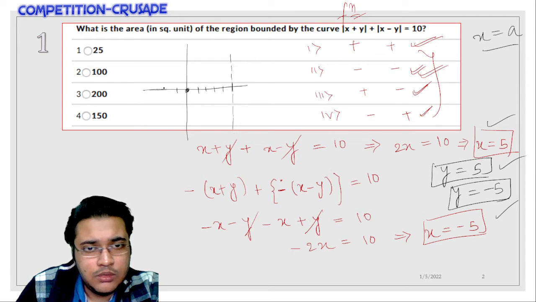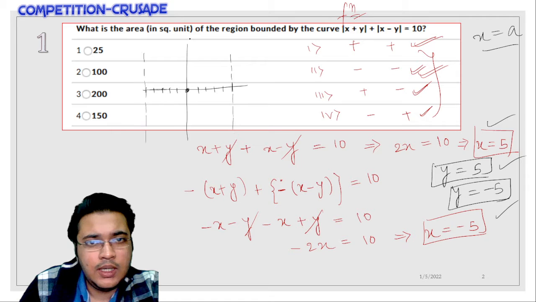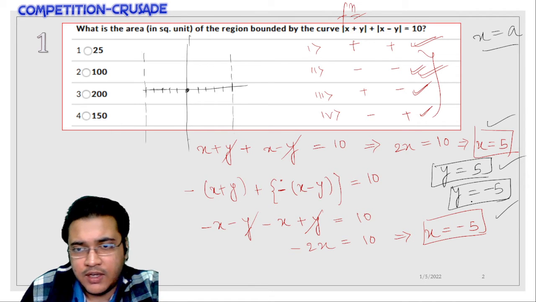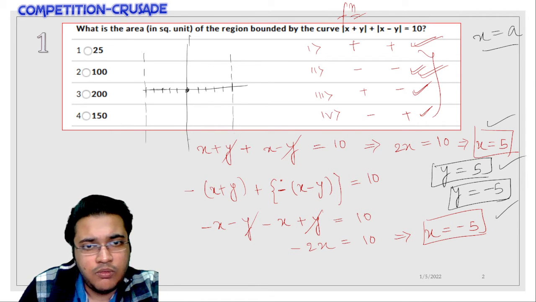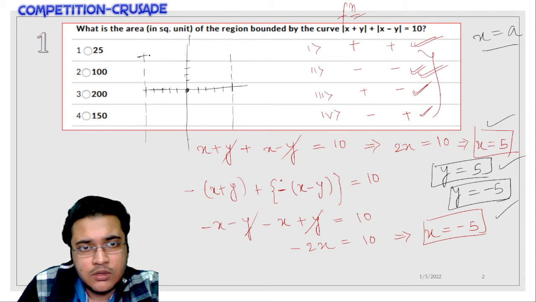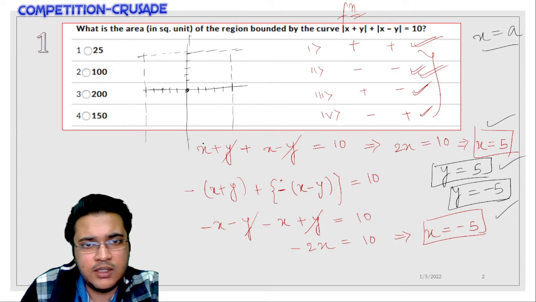1 2 3 4 5. Okay. And similarly y is equal to 5, so 1 2 3 4 5. So something like this. Okay, I'm just making this intuitively.